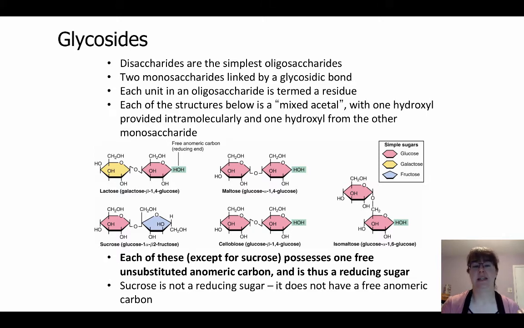And then it's connecting to the fourth carbon of the glucose molecule. So it's galactose beta 1, connecting from the anomeric carbon of the galactose residue that, when it was cyclized, was in the beta form, and then it is connecting to, for glucose, the fourth carbon of the glucose molecule.